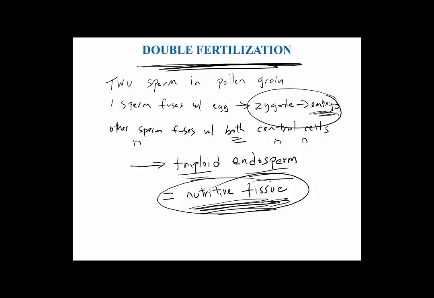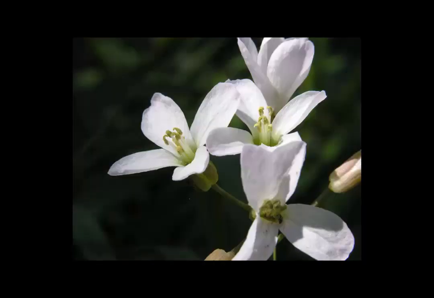And let's take a look, please, at some flowers. Here's a picture of a flower showing sepals and petals and stamens, and sort of in the center is the pistil right there.